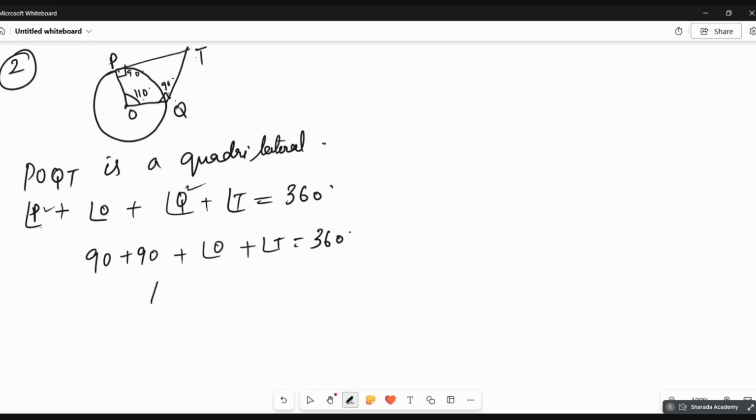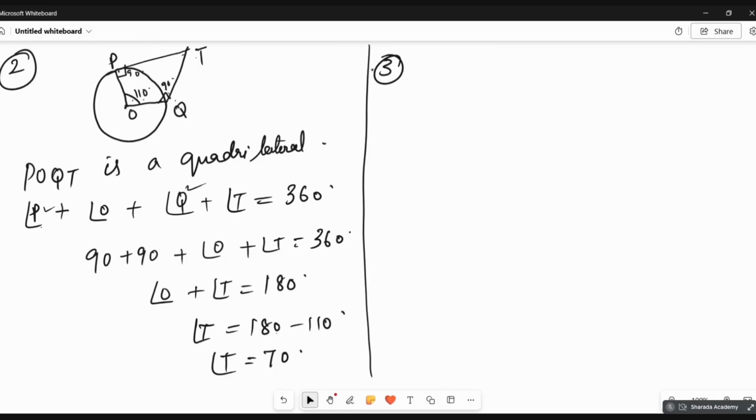That is angle O plus angle T is equal to 180 degree. So what is angle T? Angle T is equal to 180 minus 110, so it is equal to 70 degree. Always like that it comes, because on the other two sides it is 90 and 90. P and Q will be 90 always. So whatever angle you will get plus this should be equal to 180.